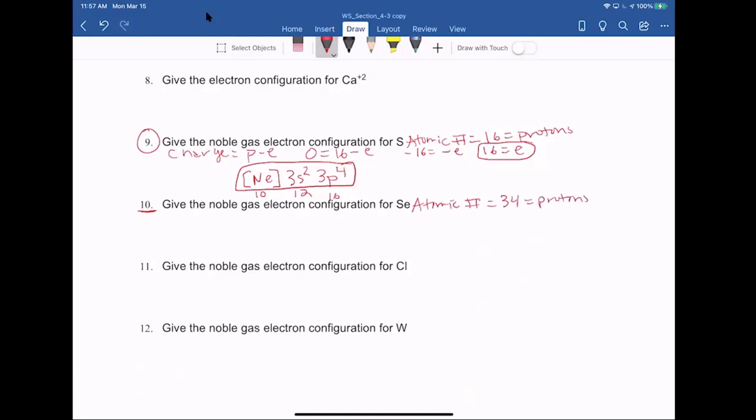So when we do charge is equal to protons minus electrons, as you can see, no charge is given. 0 equals 34 minus E. It would be negative 34 equals negative E, or 34 electrons.